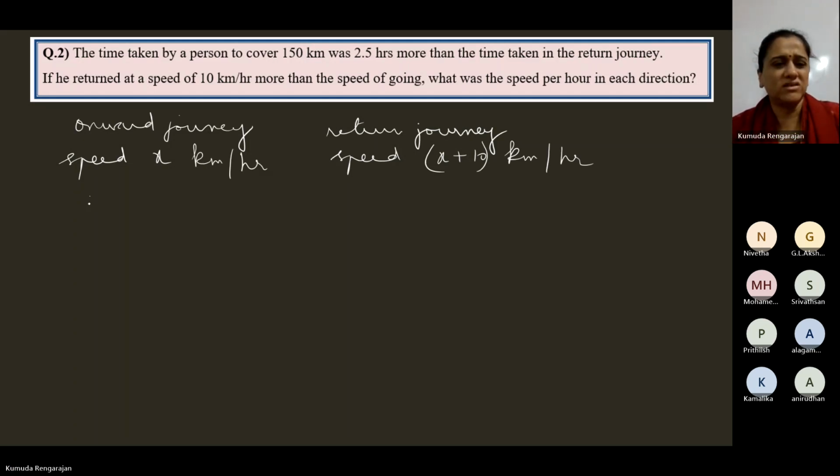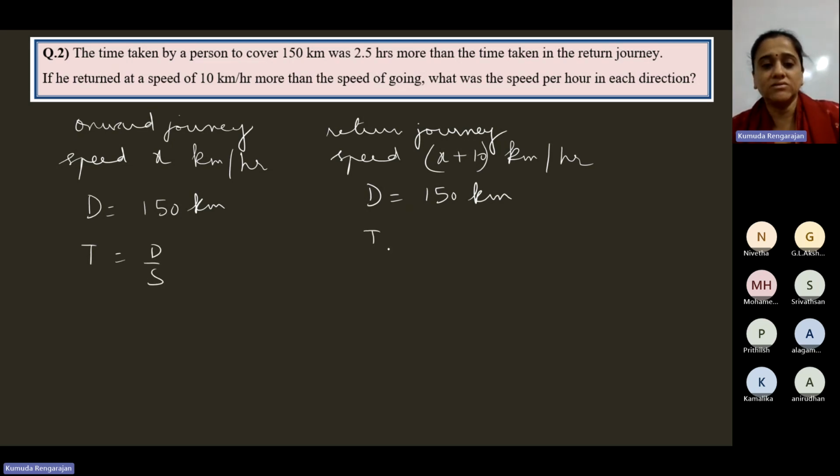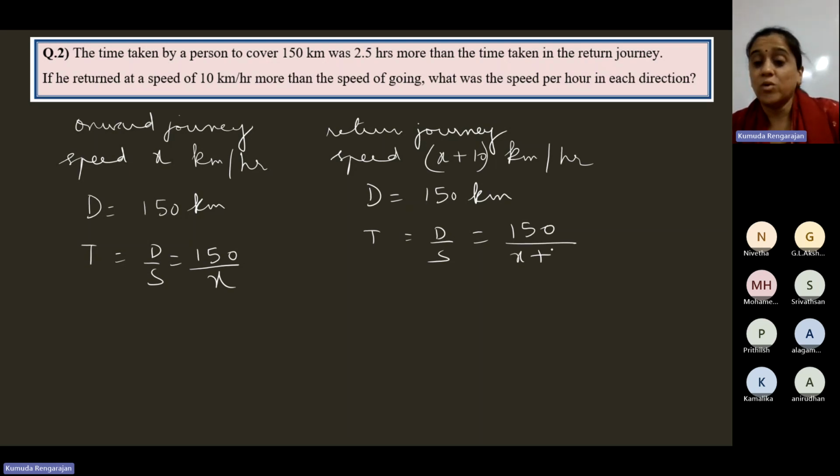Distance is fixed, 150 kilometers here, 150 kilometers here also. Time taken is distance by speed. What's the distance? 150. What's the speed? x. For the return journey, the distance is 150 and the speed is x plus 10. And the difference in time taken is 2.5 hours.